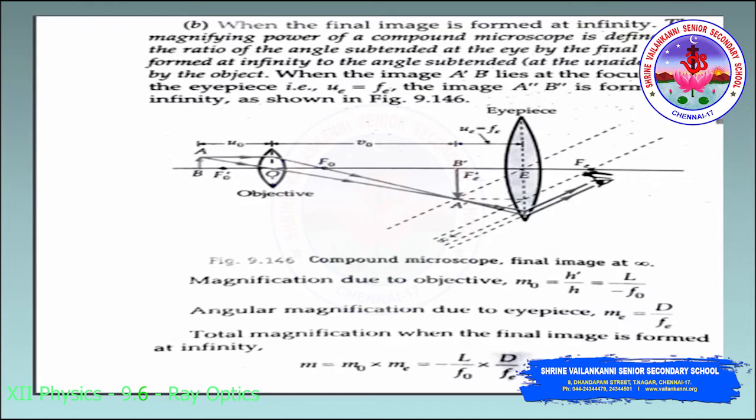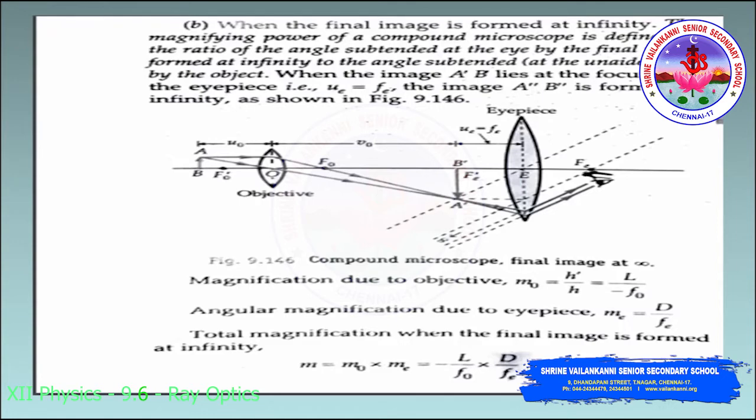The magnifying power of the compound microscope is defined as the ratio of the angle subtended at the eye by the final image formed at infinity to the angle subtended by the object. When the image A'B' lies at the focus F' of the eyepiece, we can take UE equal to FE.